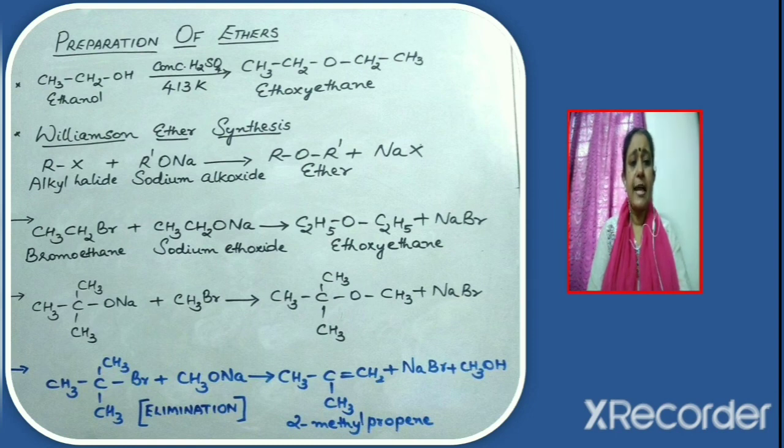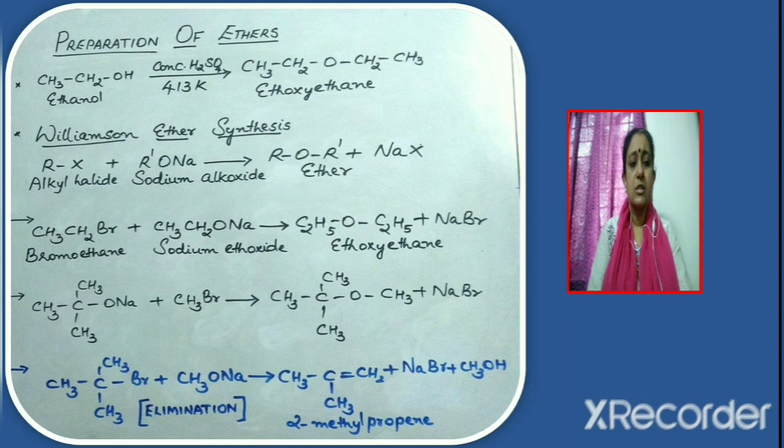But if the reaction is carried out in another way, that is, if the reactants taken are tertiary butyl bromide and sodium methoxide, then instead of ether, an alkene will be obtained.